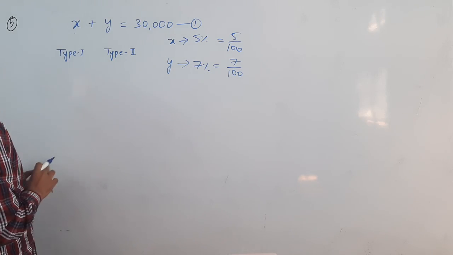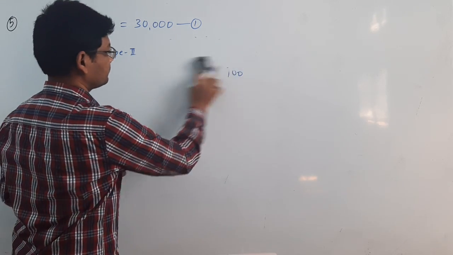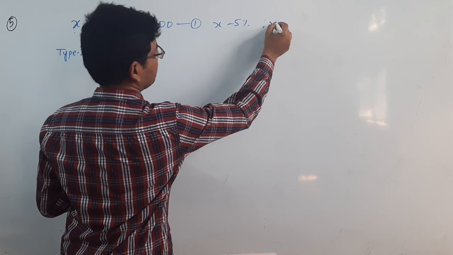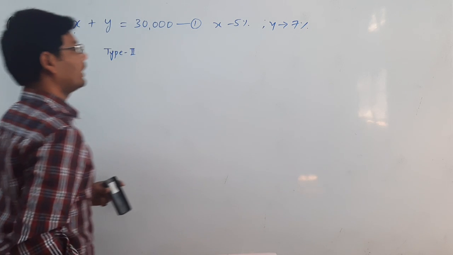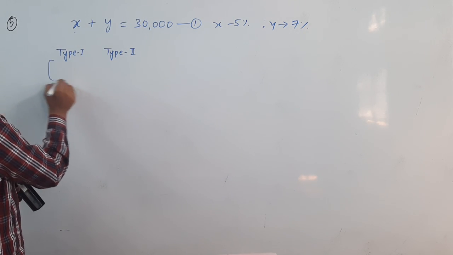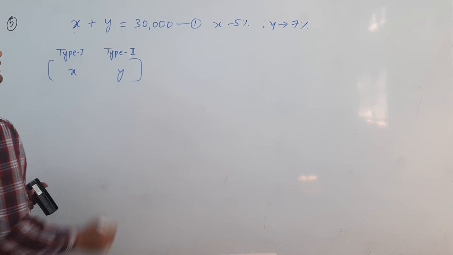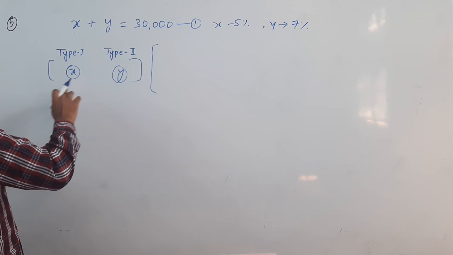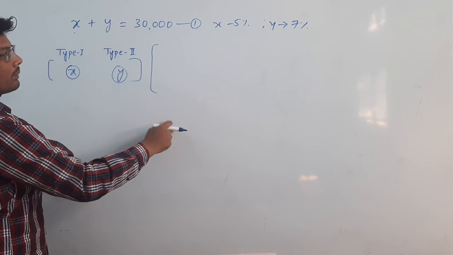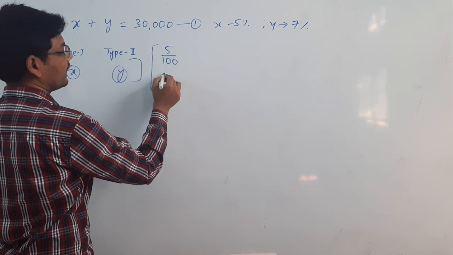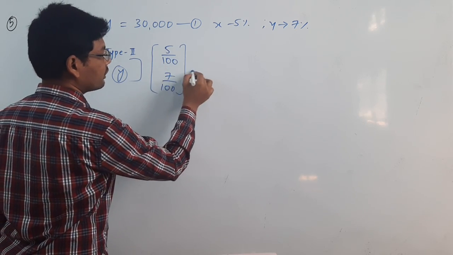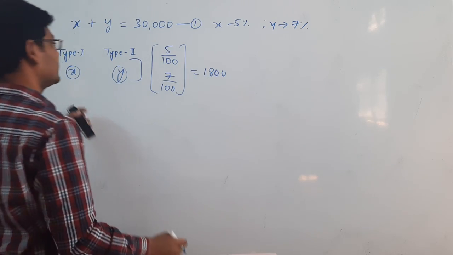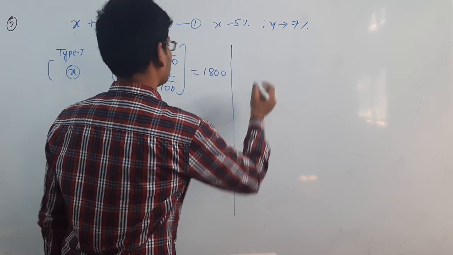This is the row matrix X and Y, and this is the column matrix 5 by 100 and 7 by 100. That will give a profit of 1800 in the first case.